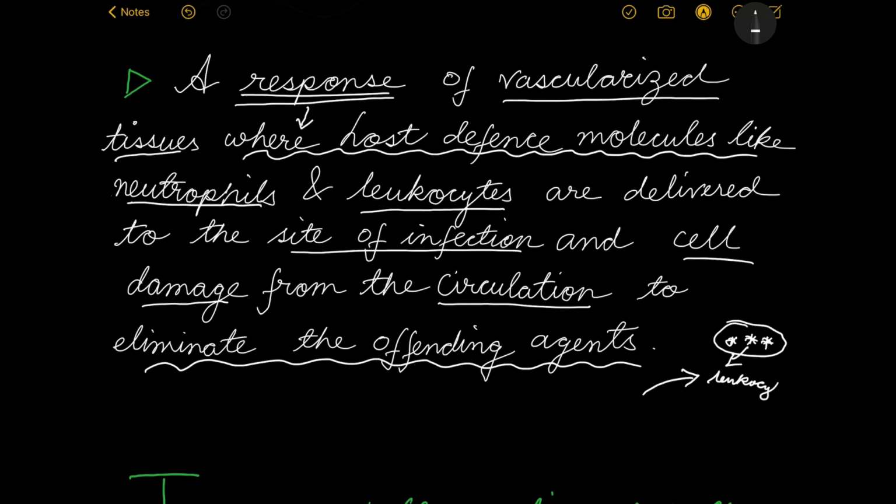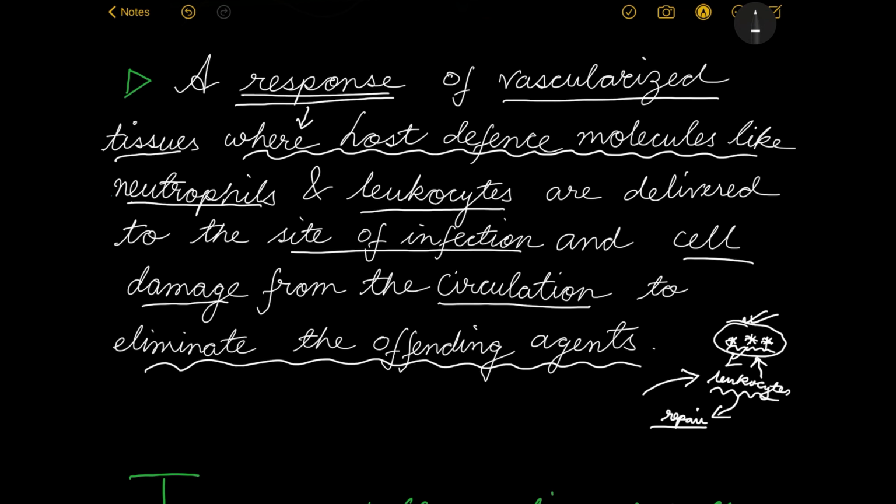These leukocytes will eliminate the source of all the problems, which in this case is the bacteria, and they will also initiate the repair of all the damaged cells and tissue caused by the bacterial toxins.